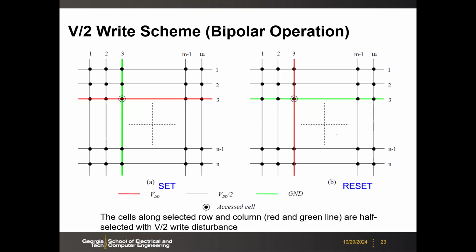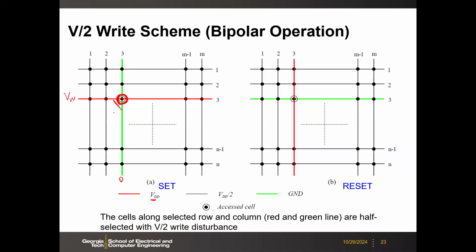So here for the set, what you are going to do is to select certain cells you want to write one, and then you are going to apply the write voltage. For example, here we write to the overline, to the rows, and then you ground the bit line, which is the column.